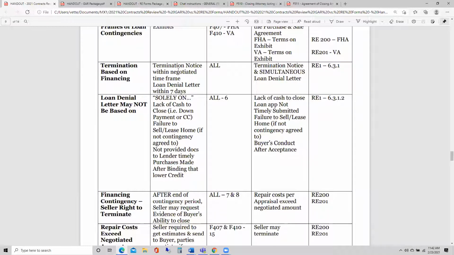If the parties are binding under the RE Forms contract, all of this is spelled out in the standard terms. If the party is going to terminate prior to the end of their financing contingency time frame and to protect their earnest money, they still have to prove it, but they must send the loan denial letter simultaneously with the termination notice.